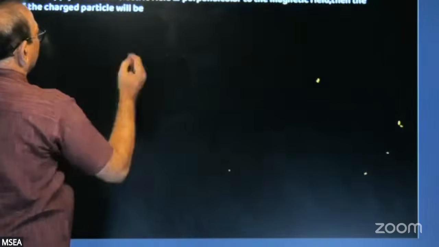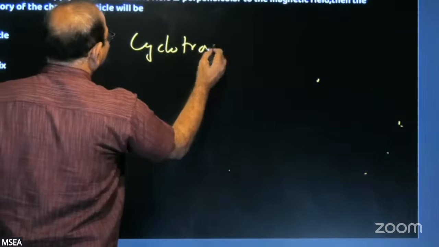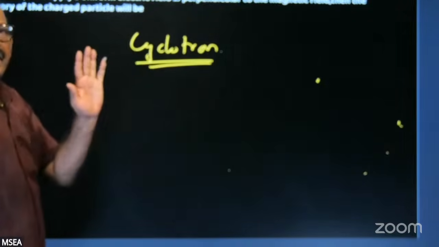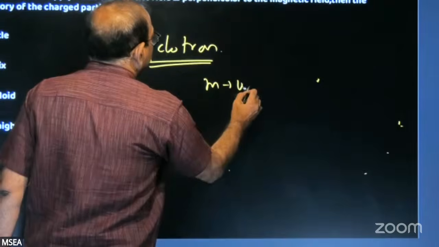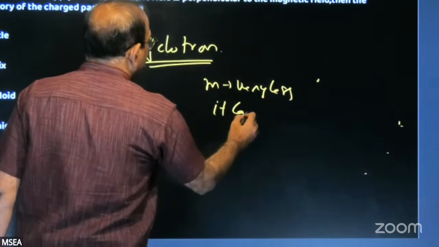Next, there is one cyclotron now. The cyclotron is a particle accelerator. The cyclotron cannot accelerate electrons, lighter particles whose mass is very less.